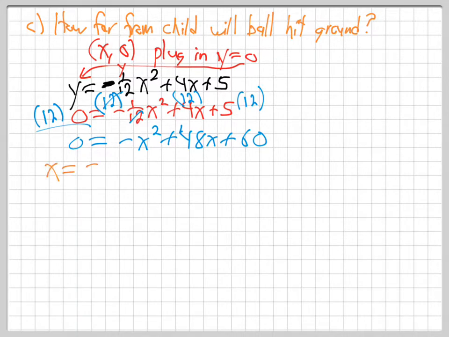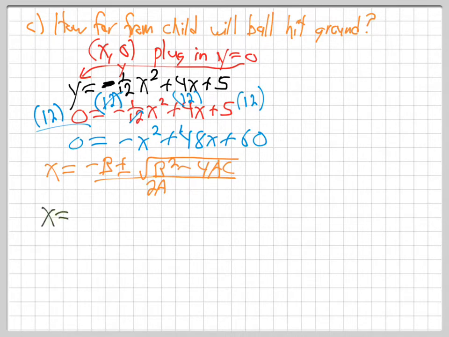That's how we solve an x squared, right? Negative b plus or minus the square root of b squared minus 4ac all over 2a. So plug into the old quad. So negative 1 is a, b is 48, c is 60.